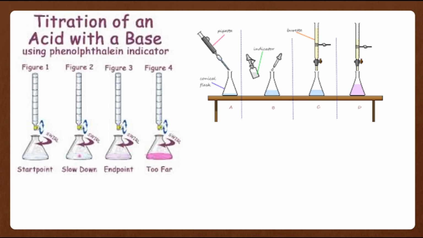The procedure of an acid-base titration is as follows. The required volume of base whose concentration is known is taken in a pipette and is poured into the titrating flask. The acid whose concentration is unknown is taken in the burette and is allowed to react with the base drop by drop. An indicator which is used for detecting the end point is also added in the titration flask.